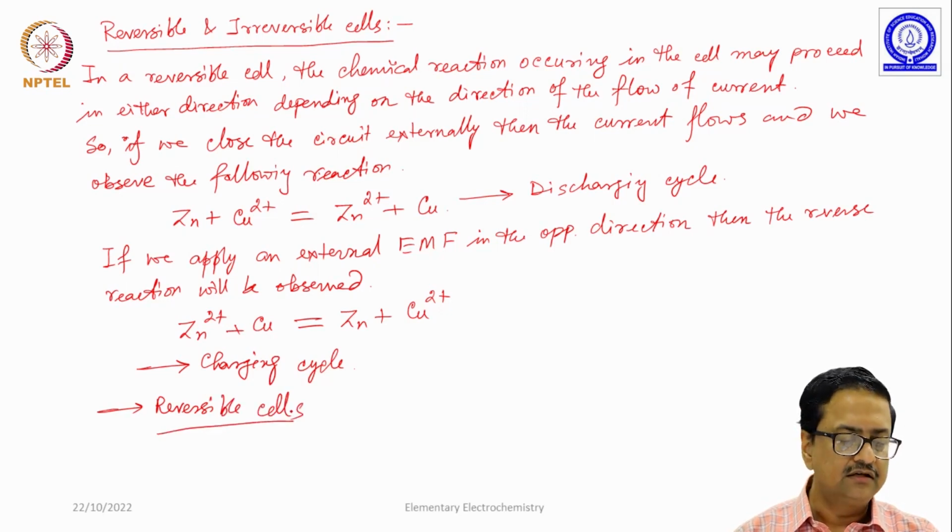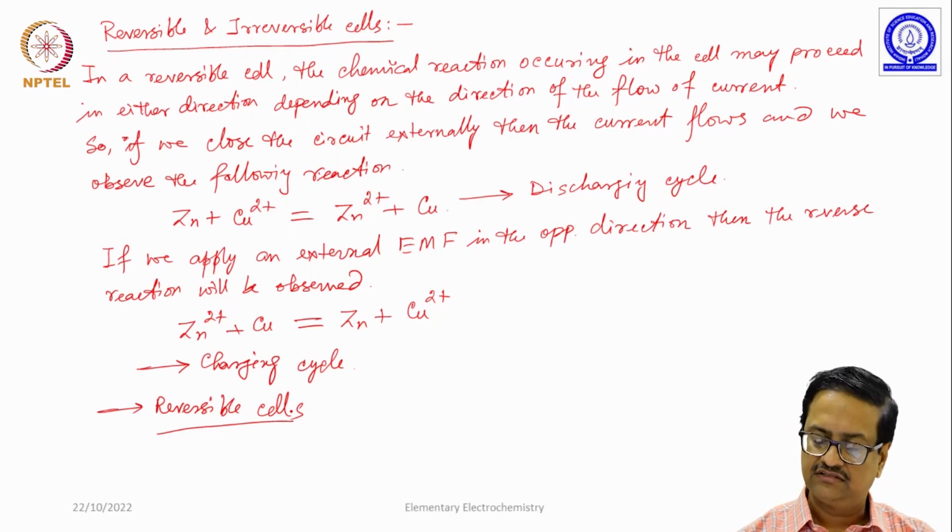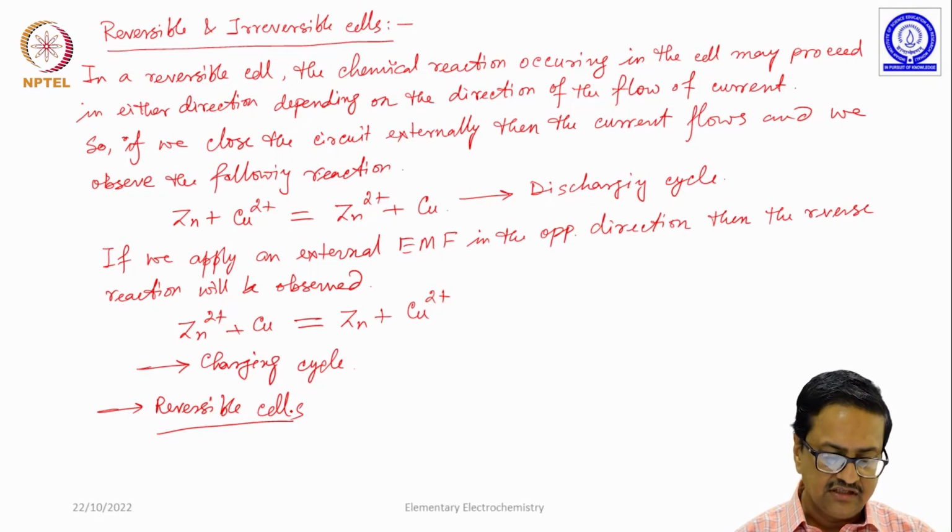That is the case of various rechargeable batteries that we use on our daily needs. So those rechargeable batteries have these charging and discharging cycles, and those are called the reversible cells.